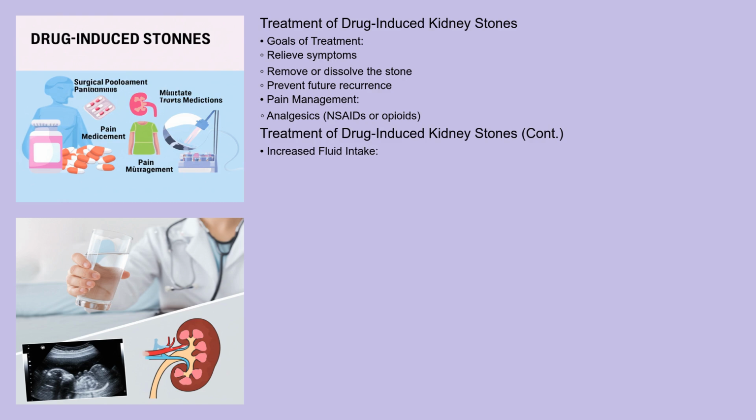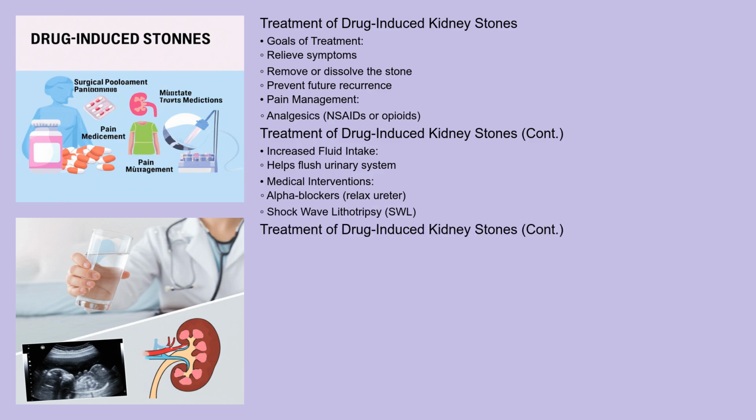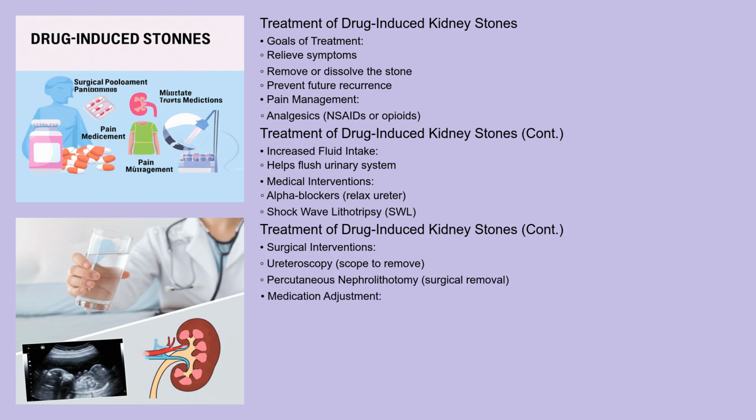These include alpha blockers, which can relax the ureter and facilitate stone passage, shock wave lithotripsy, or SWL, which uses sound waves to break stones into smaller fragments, ureteroscopy, which involves using a thin scope to visualize and remove the stone, or, in rare cases, percutaneous nephrolithotomy, which involves surgically removing the stone through a small incision in the back. Discontinuing or adjusting the offending medication under a doctor's supervision is often a key step in treatment.